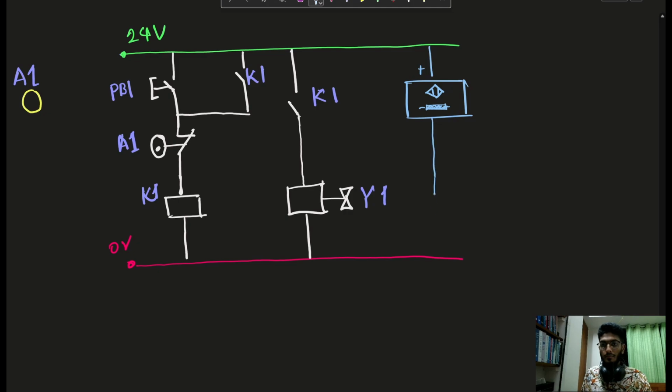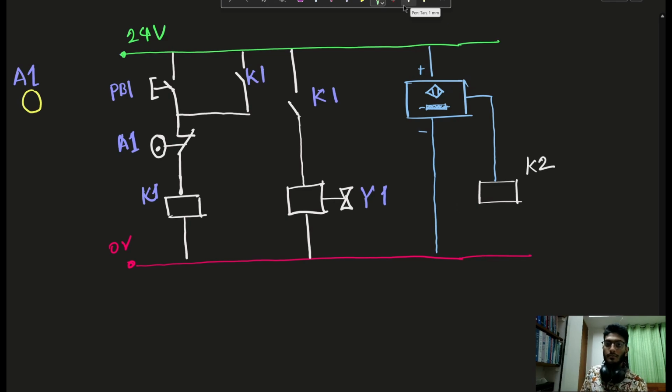Positive, negative, and watch this carefully. This proximity sensor will energize another relay. Suppose this relay is K2. So when this relay K2 energizes, then it will send a signal to this switch.